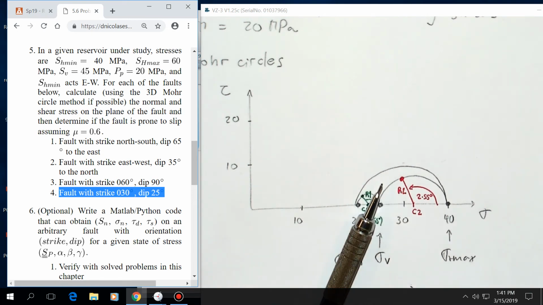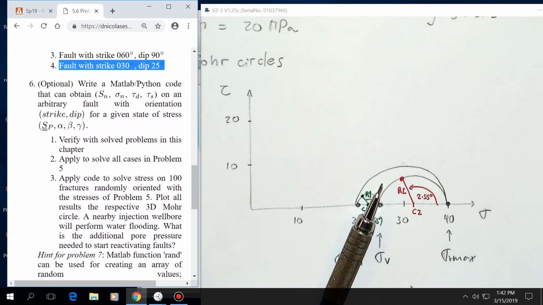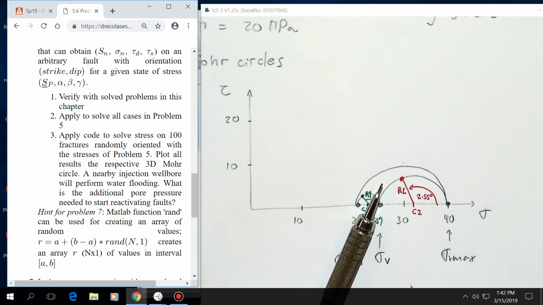So I'll let you solve that, and let me talk a little bit about problem number 6. You're not going to solve it. If you want to solve it, I can help you. Mohammed also will be glad to help you if you want to solve that one, but you don't have to.